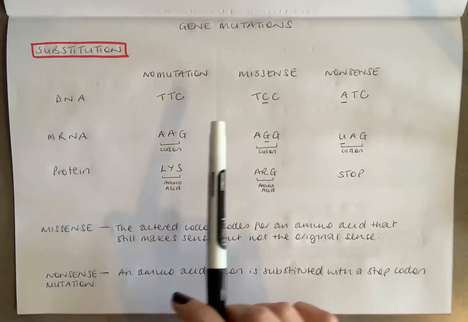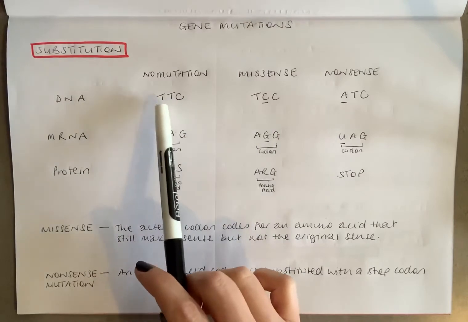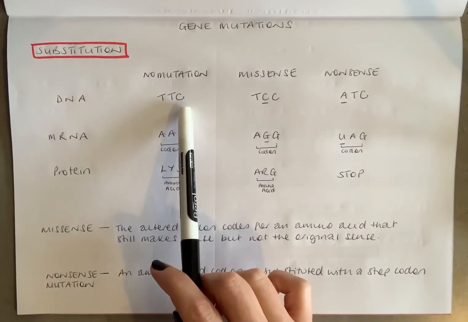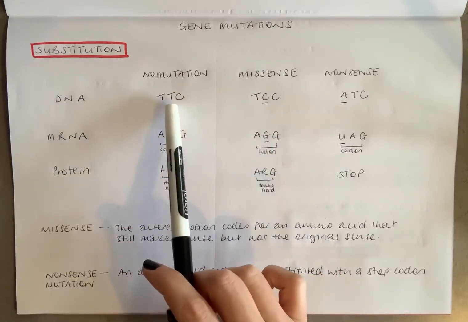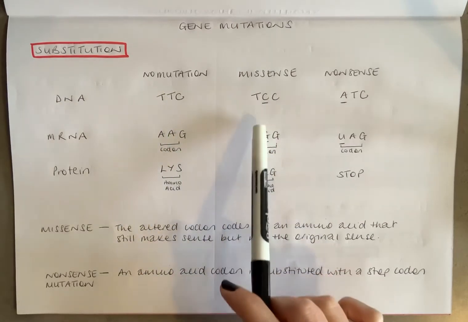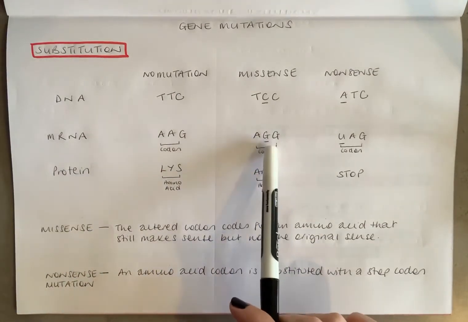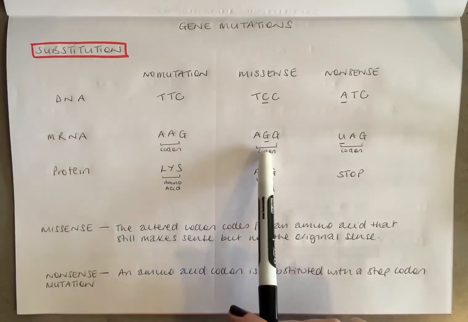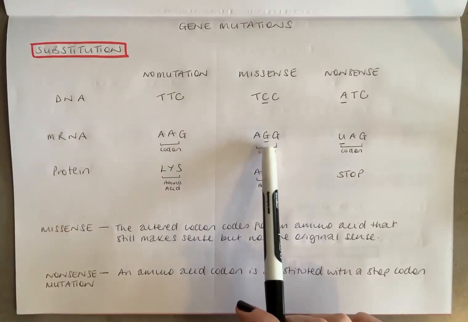However, during our substitution mutation, instead of TTC, which is the correct sequence of nucleotides, we now have TCC. So this T has been substituted for a C, which gives us a different sequence for our messenger RNA. So remember, complementary base pairing.